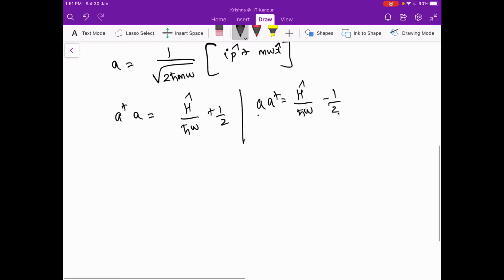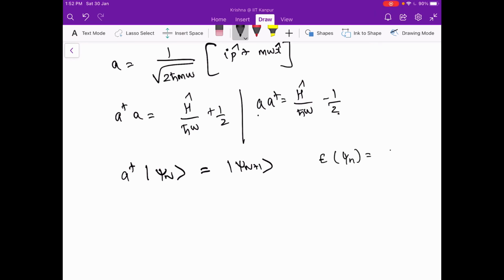So we found that if we take A dagger and act it on a state psi n, it always changes this to psi n plus 1, right, where the energy of, let's say, psi n was En, energy of psi n plus 1 was En plus h cross omega, which was En plus 1, right?